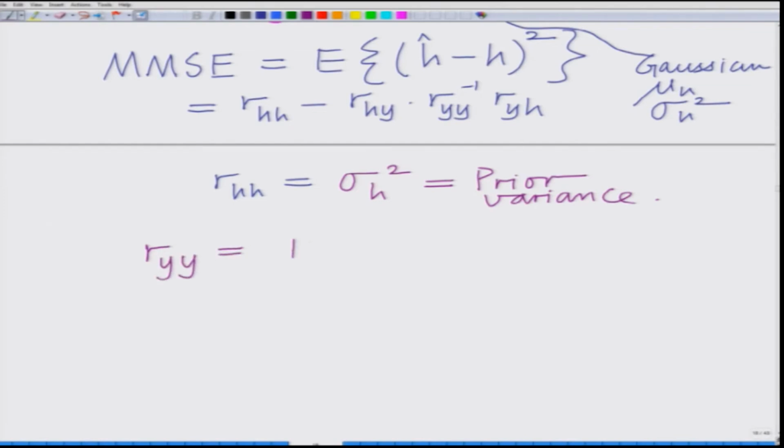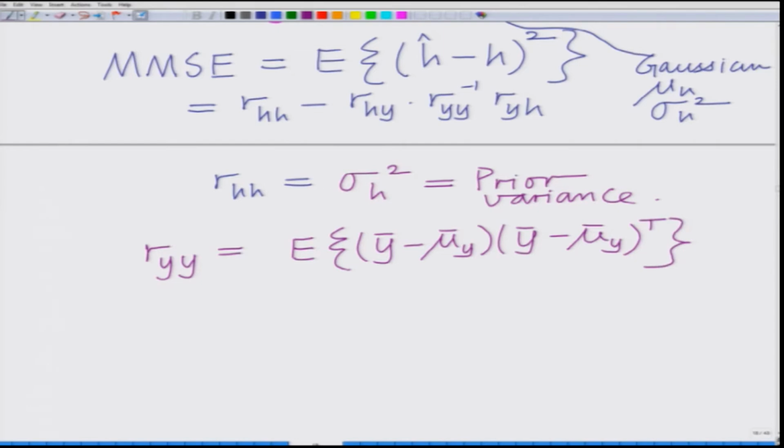RYY is equal to the expected value of y bar minus mu bar y times y bar minus mu bar y transpose, and this quantity is equal to sigma h square times x bar x bar transpose plus sigma square times the identity matrix. This is something we have already derived.